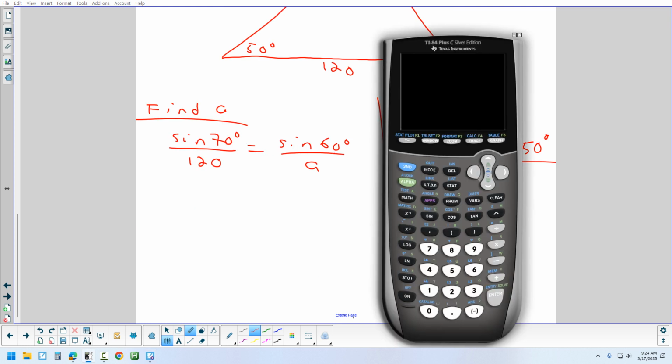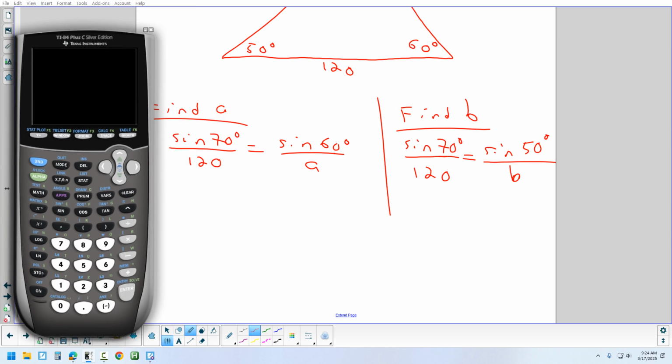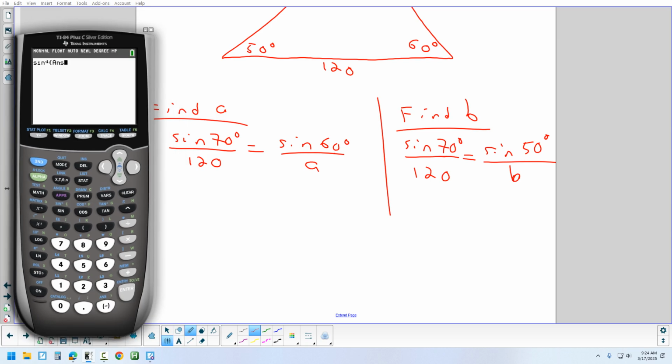All right, so we've got sine 70. Actually, I'm going to do it this way. Let's do sine 60 times 120 divided by sine 70. When it's all multiplying and dividing, order of operations doesn't matter, so it'll handle that fine.